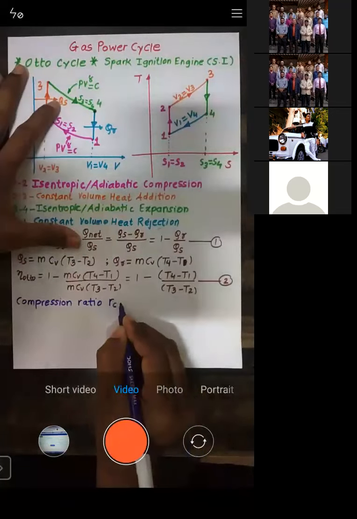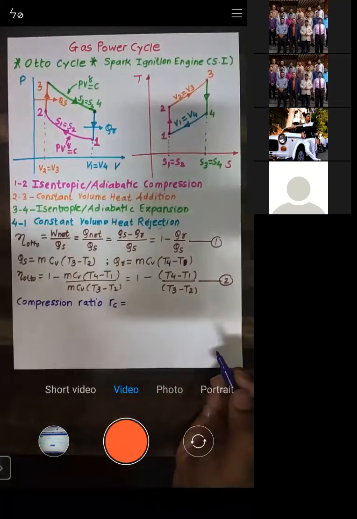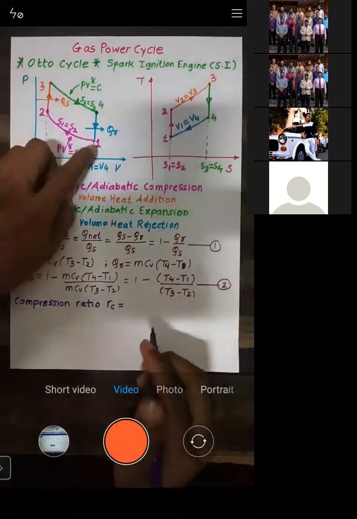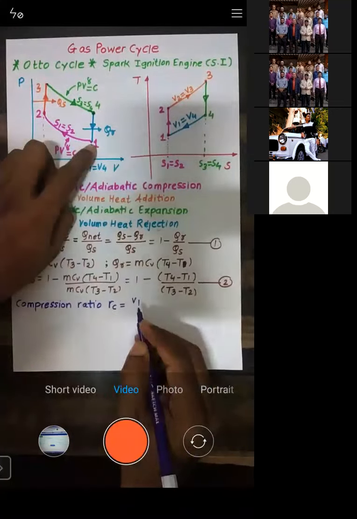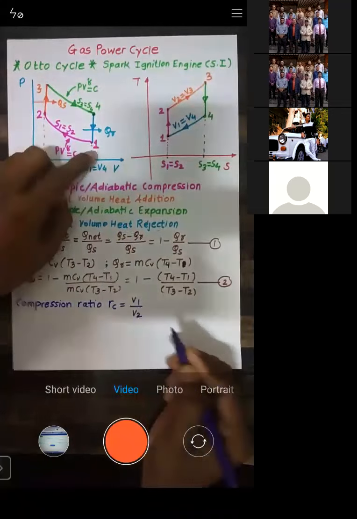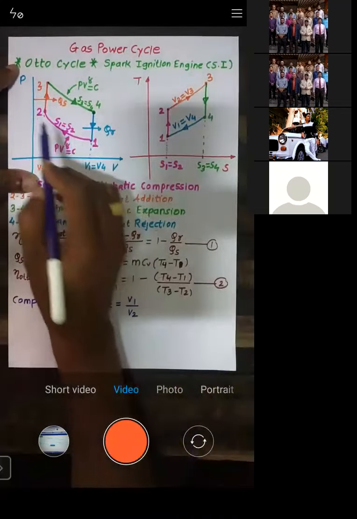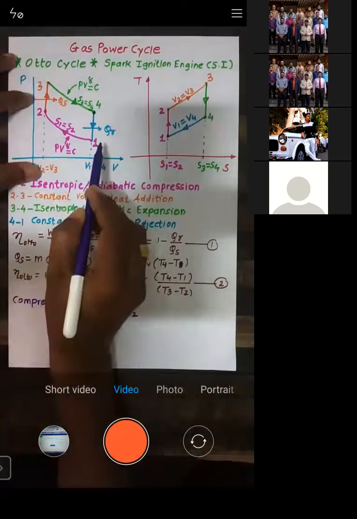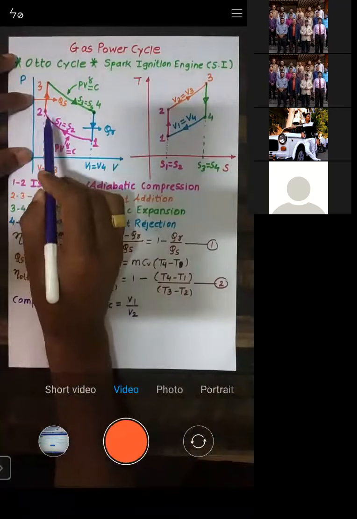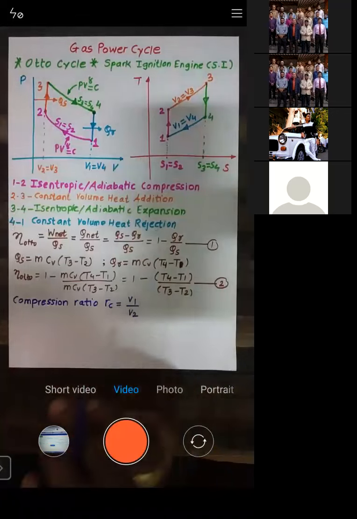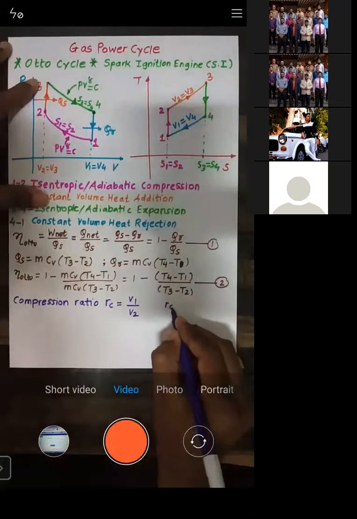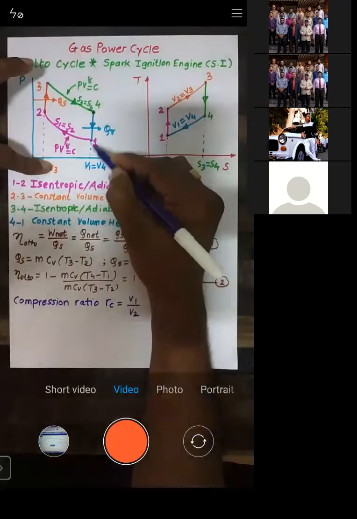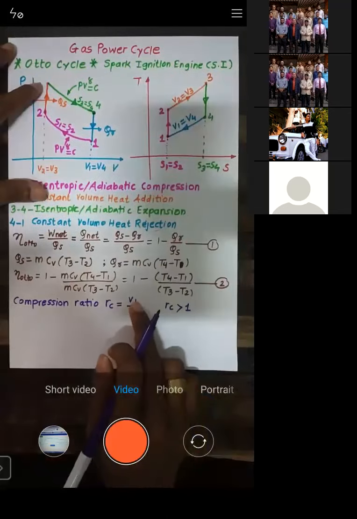It is the ratio of the volume before the compression to the volume after the compression. 1 to 2 is a compression, so it is the ratio of volume before compression to volume after compression. So obviously the value of compression ratio will always be greater than 1. You can see here, V1 is greater than V2.